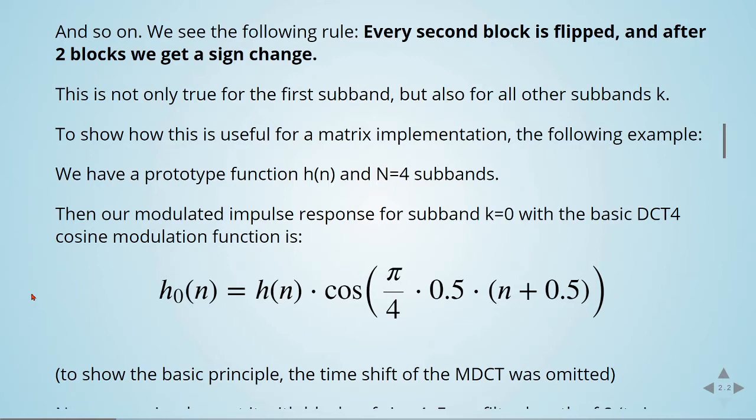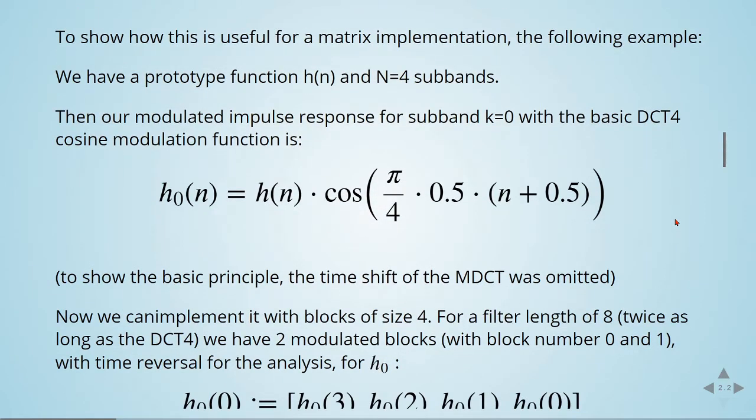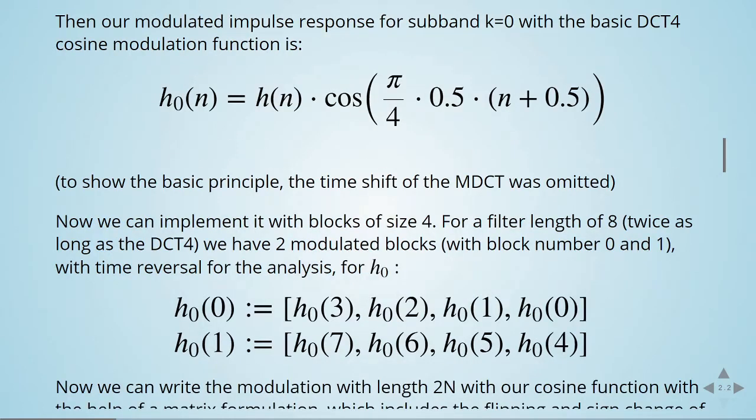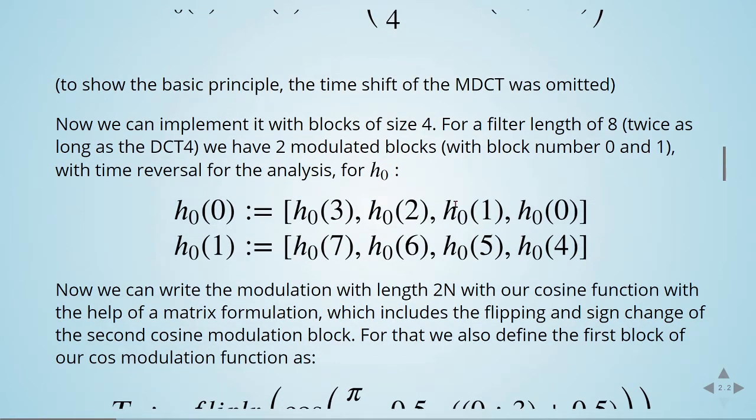Then our modulated impulse response for subband k equals 0 with the basic DCT4 cosine modulation function is given here. To show the basic principle, the time shift of the MDCT was omitted. Now we can implement it with a block size of 4 for a filter length of 8, twice as long as the DCT4.